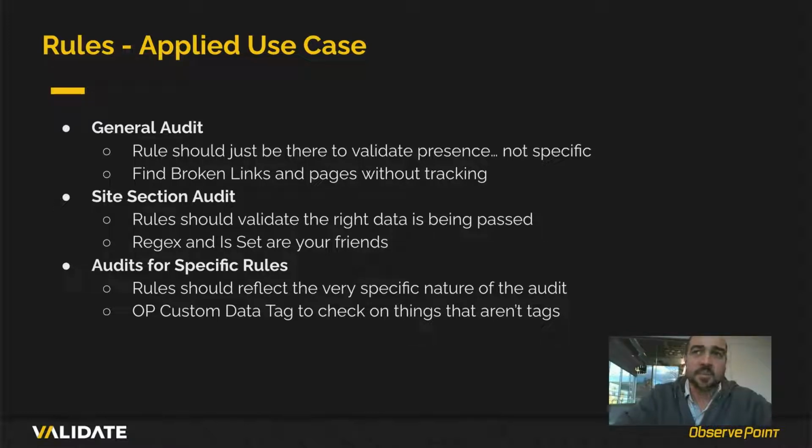And in these cases, you're probably going to leverage very specific rules, maybe even a rule specifically designed just for that audit, or even using your custom OP data tag to fetch cookie values or check for those banners to be present on the page.